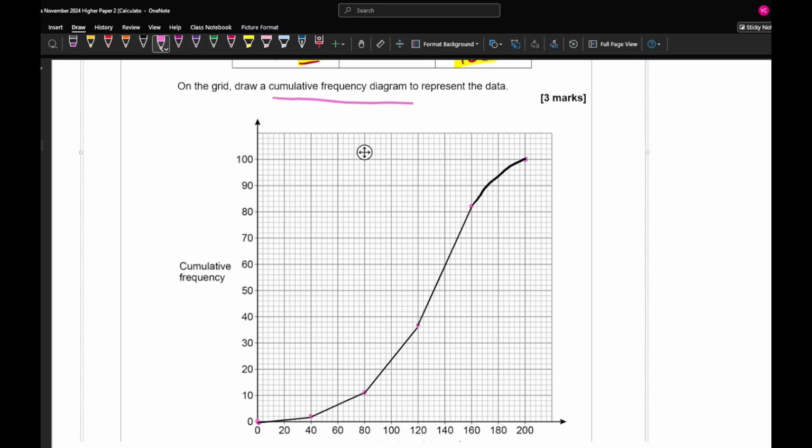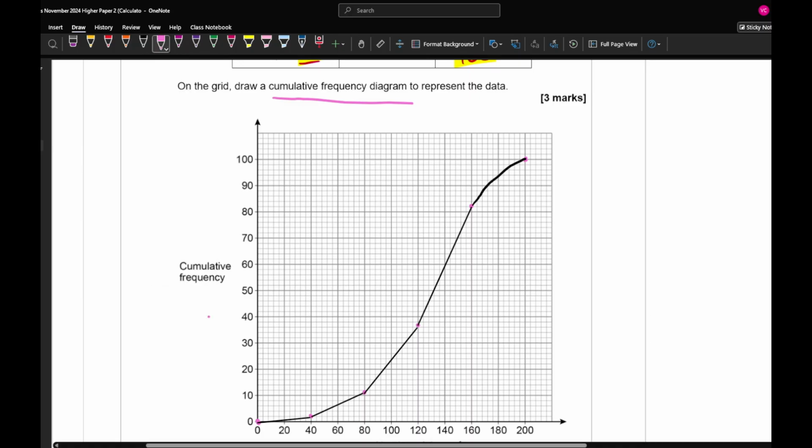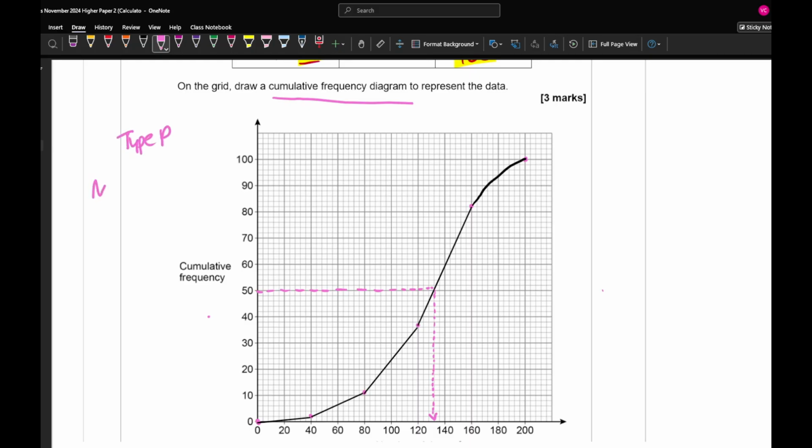So I need to draw a line at 50 using a ruler, till it hits that point, and as soon as it hits the curve I then project downwards, and I reckon that is going to be around about 132. So in terms of type P, the median is approximately 132.